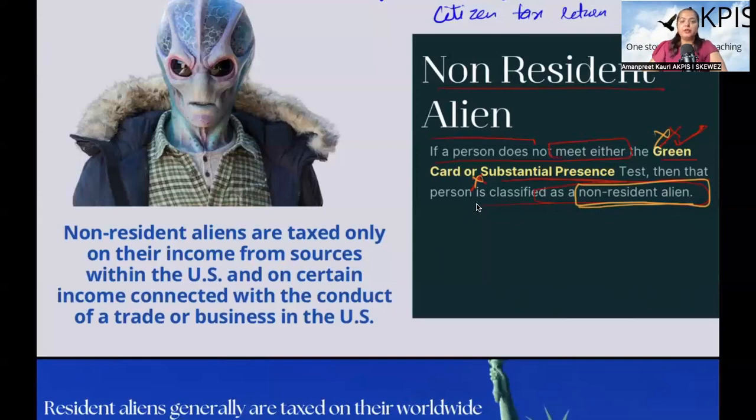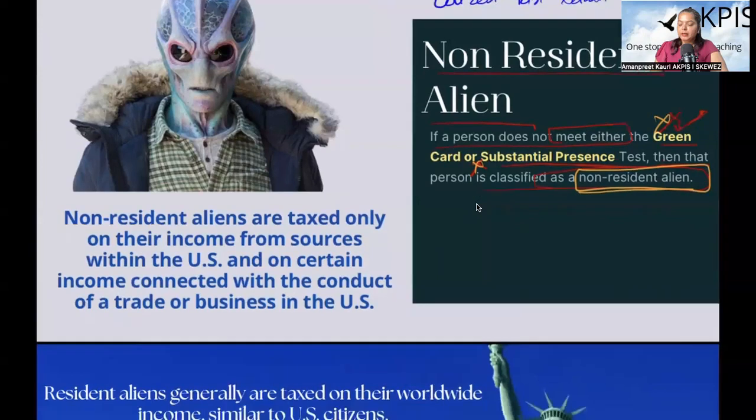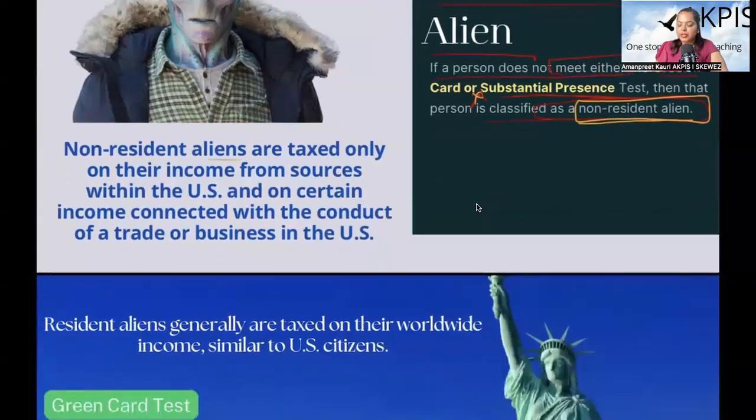You are making categories of US citizens and resident aliens and non-resident aliens. Why so? Because the non-resident aliens are not taxed on their worldwide income. They are supposed to be taxed only on income sources within the US and on certain income connected with their business in the United States of America.